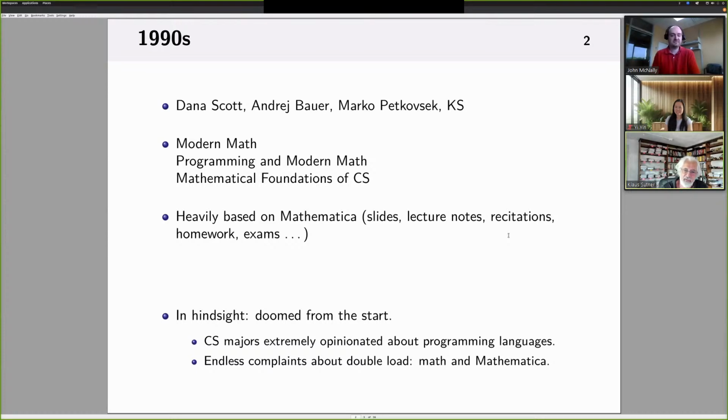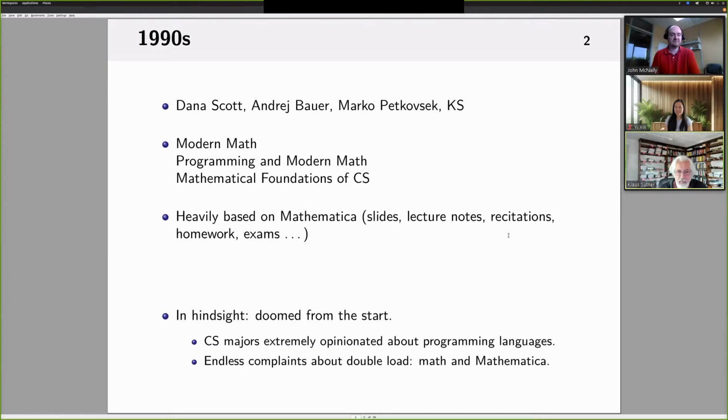There's the full spectrum from trying to write everything in C to using some fancy functional language like Haskell or something like that. And they simply instinctively rejected the idea of having to write code in Mathematica.